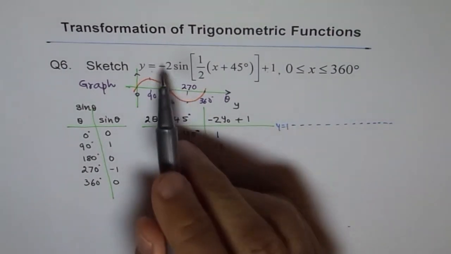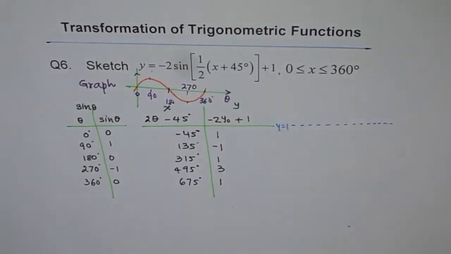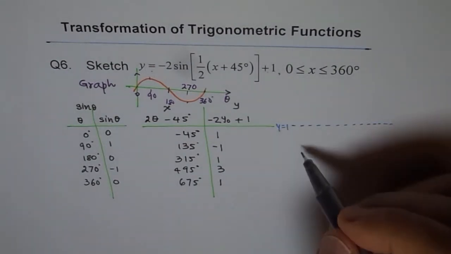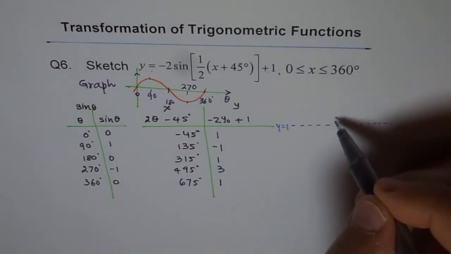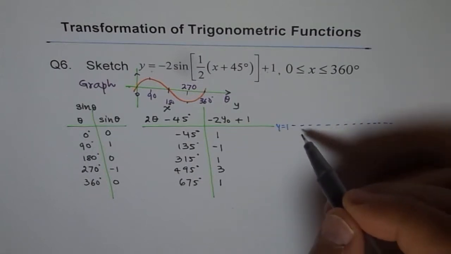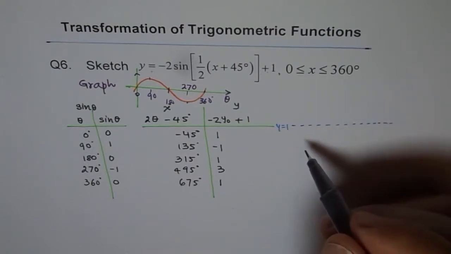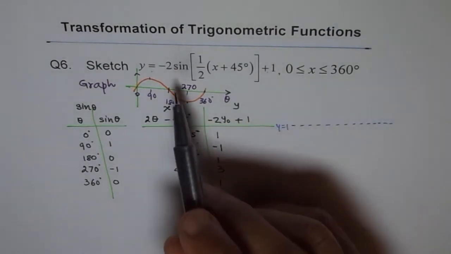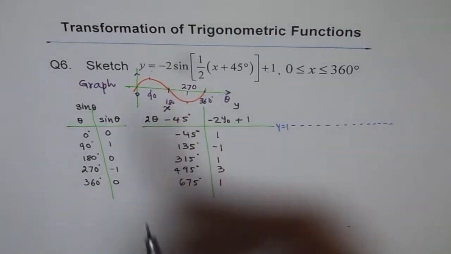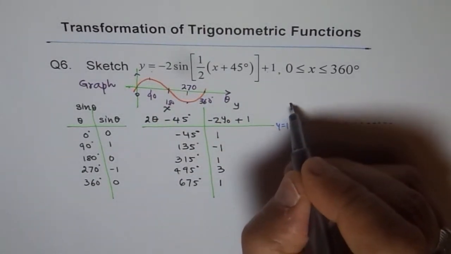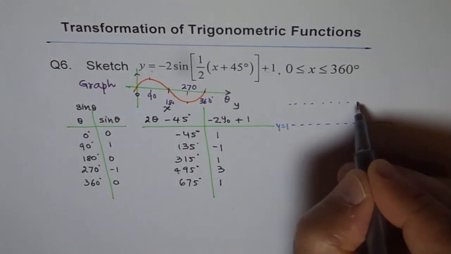Correct? And now minus 2 means the amplitude is actually 2, but the wave goes like this: rather than rising and falling, it falls and rises. Okay. Now the amplitude is 2, so you'll have a maximum which will be 2 units above it.